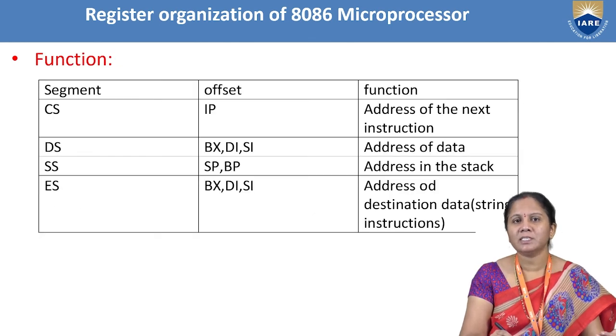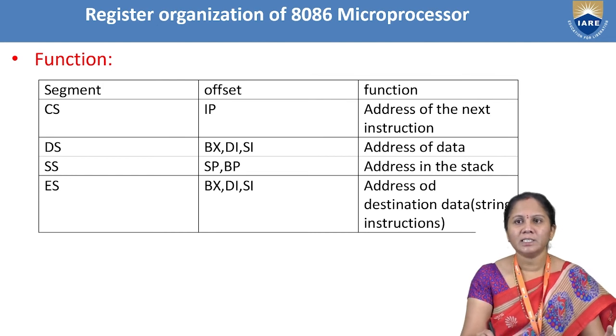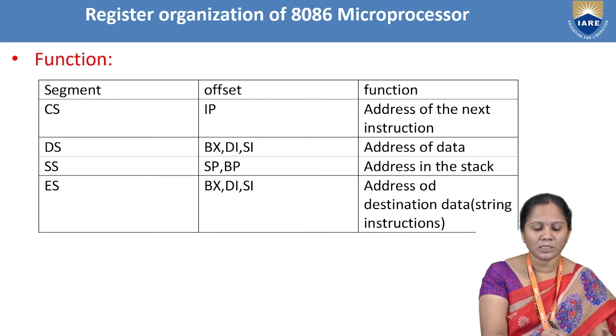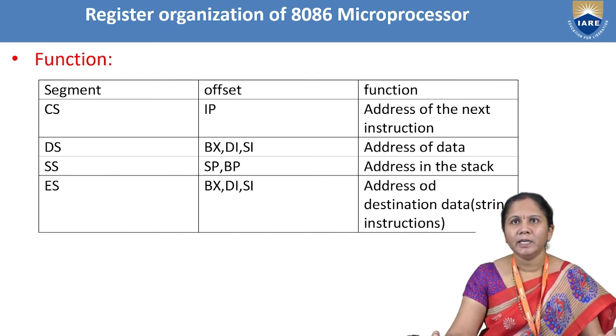Especially in some addressing modes like index addressing mode, based index addressing mode, register indirect addressing mode. Only in these addressing modes we have to use the register DI. So that is what we have about the index registers available in the 8086 microprocessor.